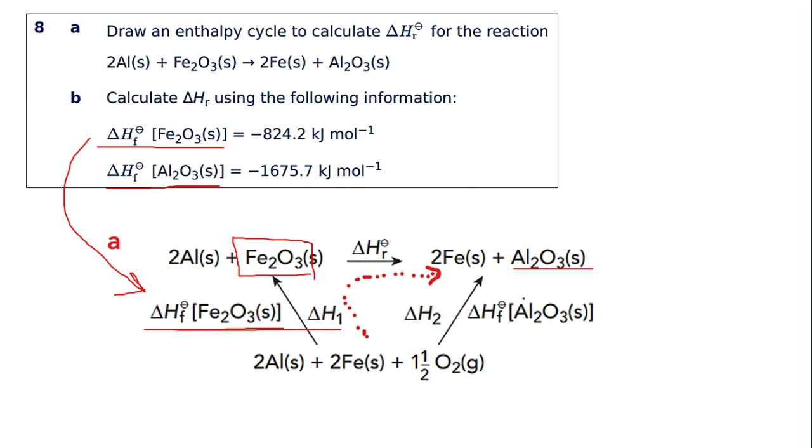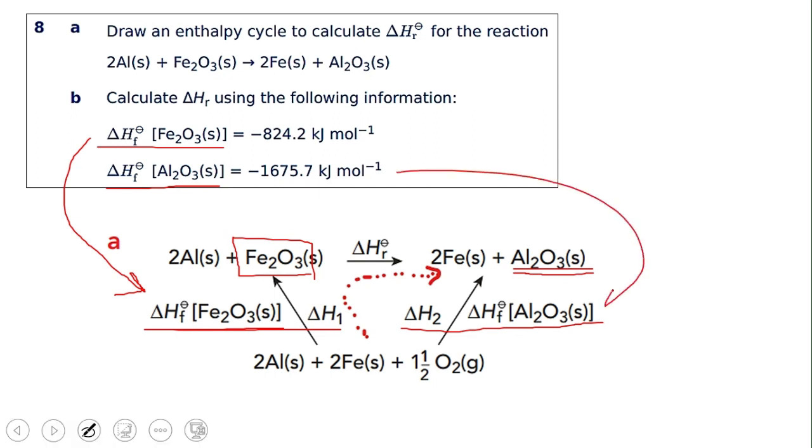On the product side, we have Al2O3 as the product. So elements are changing and making Al2O3. So here delta H2 is actually equal to delta H formation of Al2O3. So we can write the Al2O3 formation value in place of delta H2 and we can calculate the final delta HR.